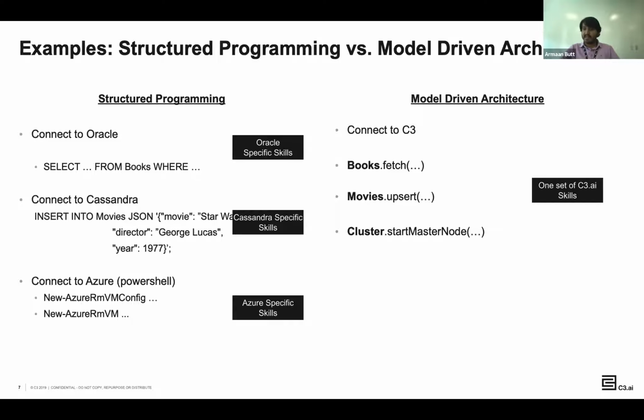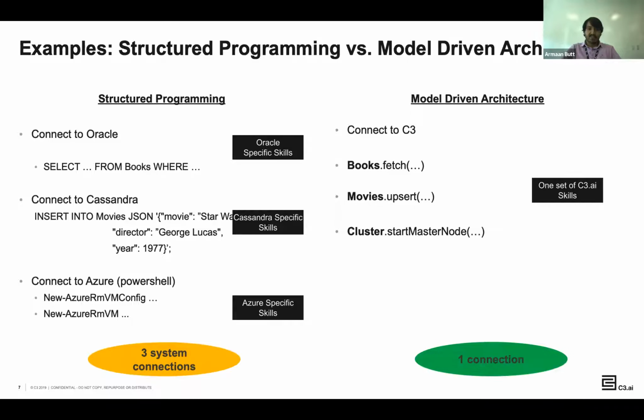Likewise, if I want to upsert data, I would just be doing a movies.upsert. And we also have a bunch of APIs related to the underlying infrastructure management that are in a similar vein as everything else. So you can see, as opposed to 3 different skill sets, it's only 1. As well, via the platform, they're all located within the same unified interface.